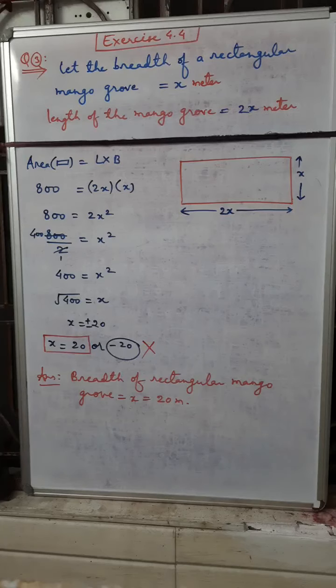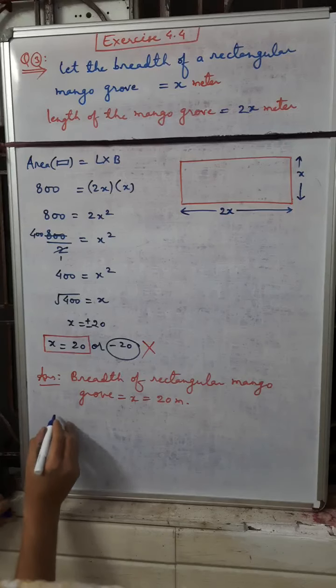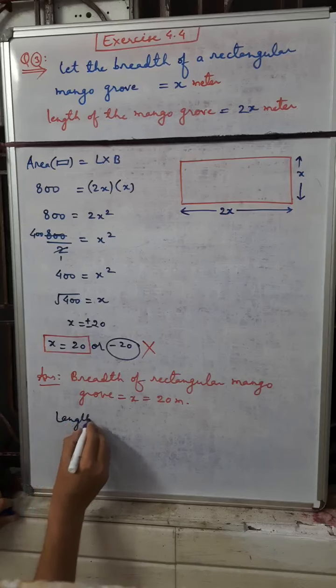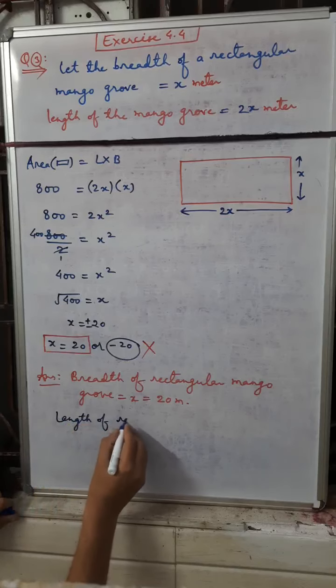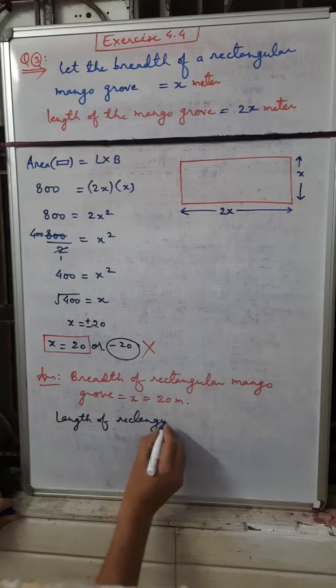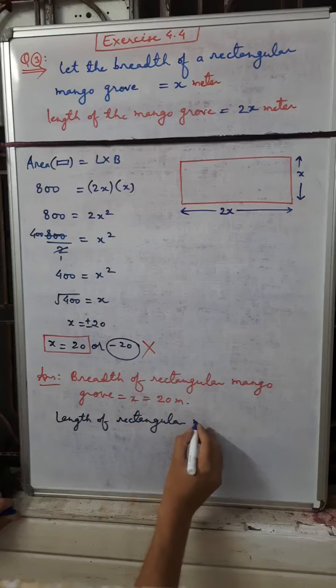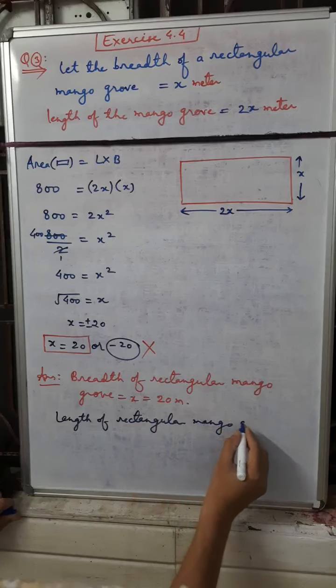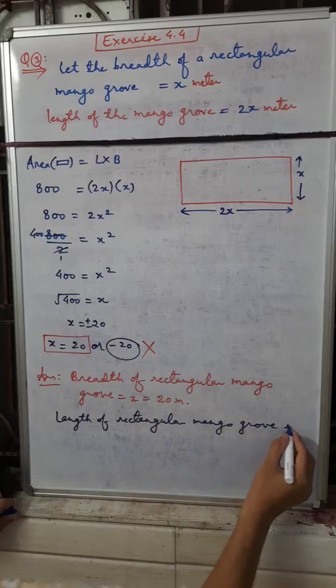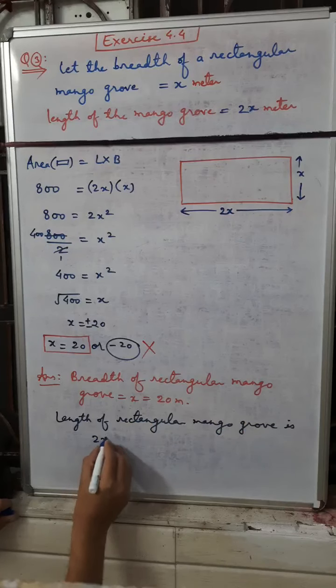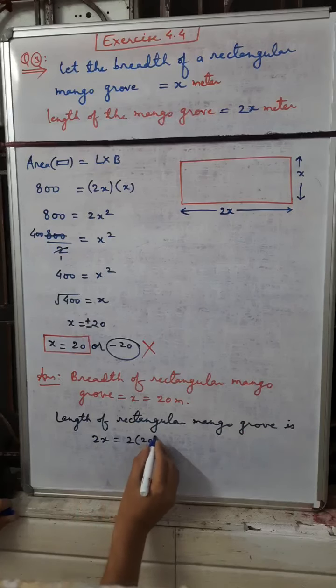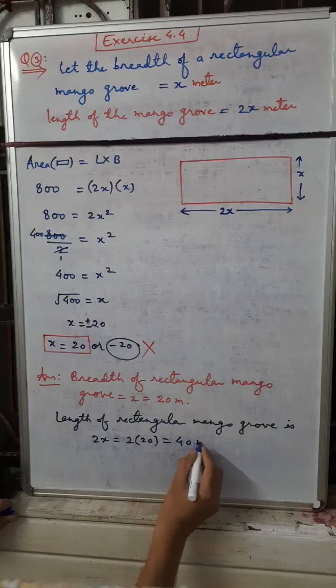And second, length of the rectangular mango grove is how much? 2x we have assumed, so 2 into 20 is equal to 40 meter.